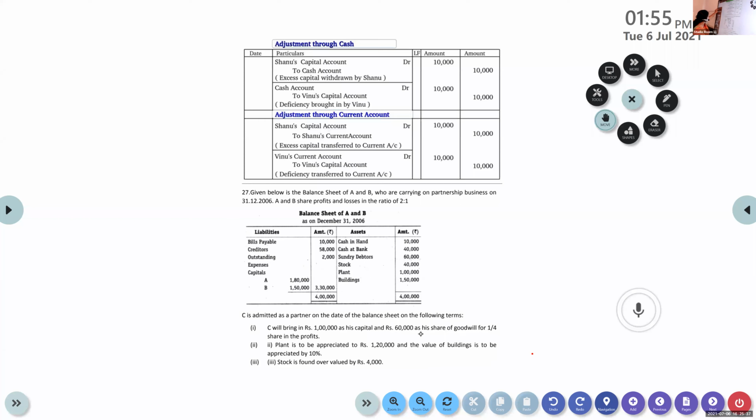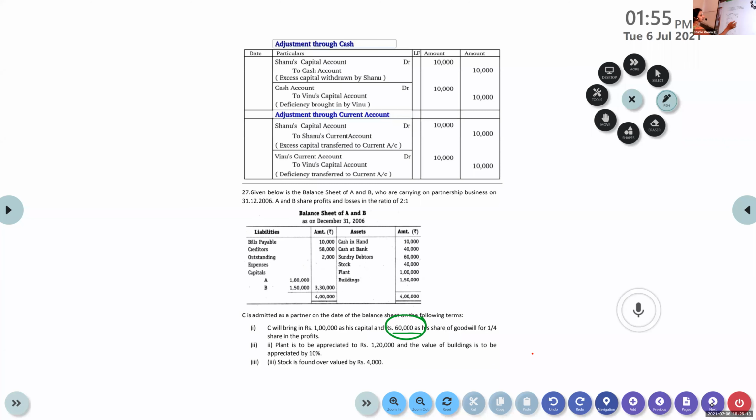The new partner is bringing 60,000 as his share of goodwill. So what should we do with this? We should include it as capital. We should distribute this goodwill to the old partners. This goodwill has to be distributed among the old partners.